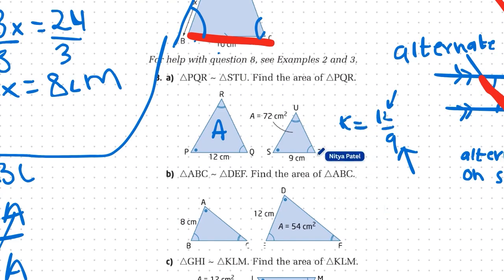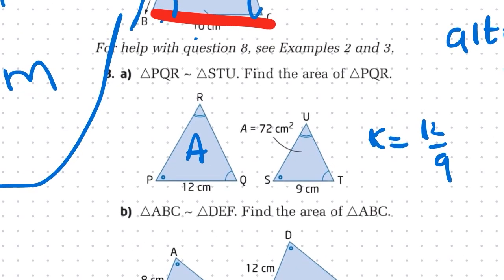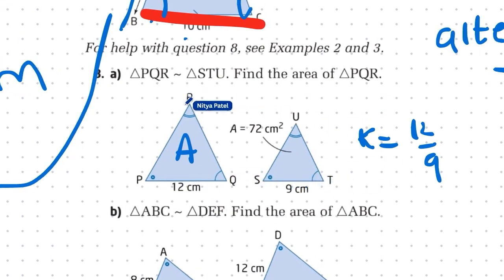By the way, we need to make sure that 12 and 9 are corresponding sides. Yeah, they are. 12 is PQ and ST. So 12 by 9 is big triangle upon small triangle.